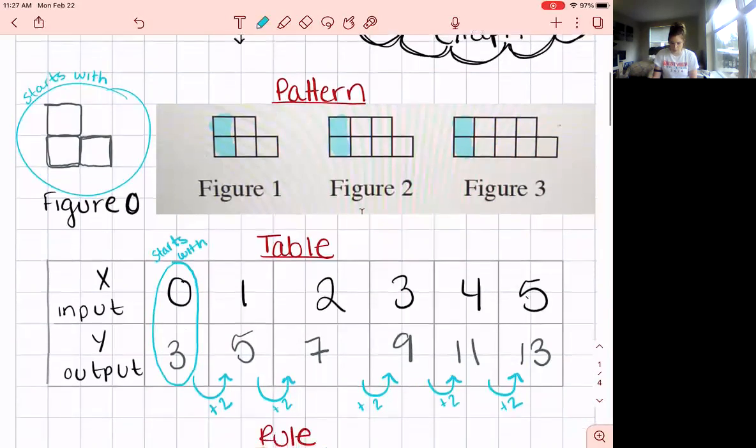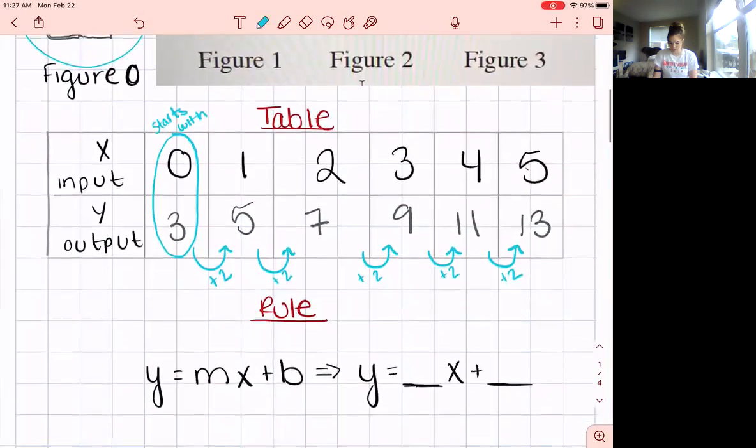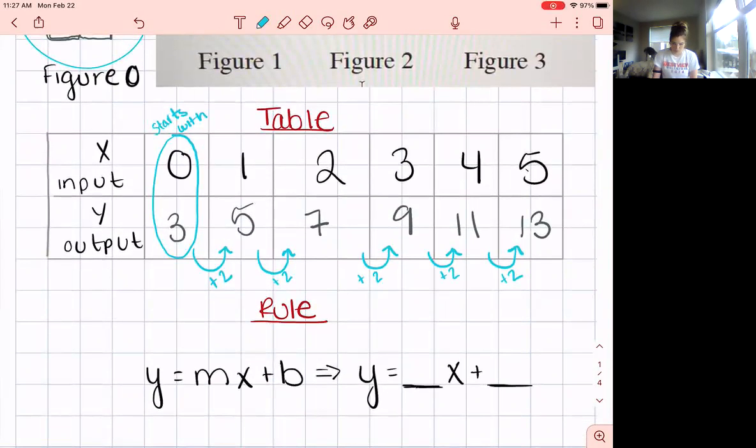So now the next thing we've learned how to do is our rule, right? So what I've done here, and you need to copy down, is I've written our rule format that we learned. We learned that y equals mx plus b. Y is the output, m is the growth, x is the input, b is the starts with. So then we just need to go in and fill out the rule.